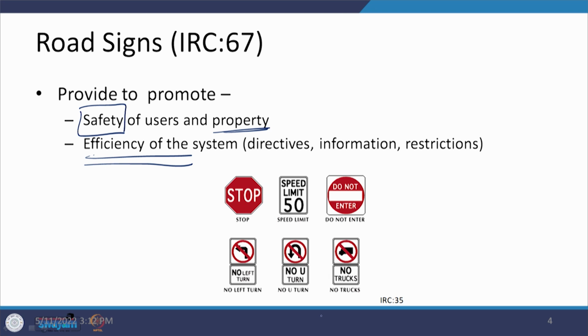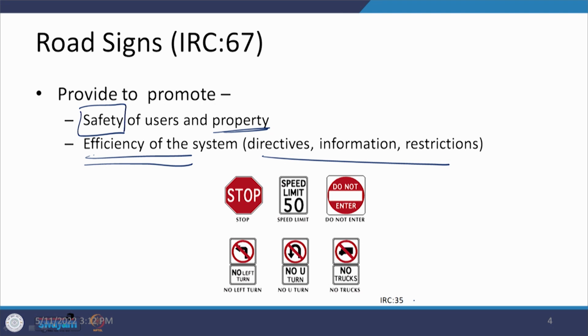So, we need to maintain every type of efficiency in the system, and that is where the directives, information, restrictions, prohibitions, whatever they are, are provided in the form of information to the driver by way of road signs.